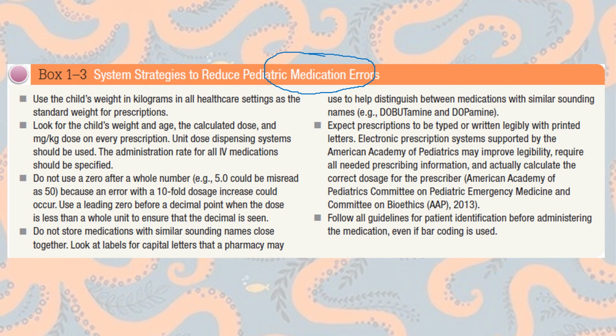And then also you have to be sure that you know what the med's for, because giving the wrong med is much more deadly in the pediatric population than it is for adults. Every time you give an IV rate, the same thing, you have to verify that that IV rate is safe. You should already know from the MAPE about whole numbers and all that, but just to focus on some of the biggest ones.